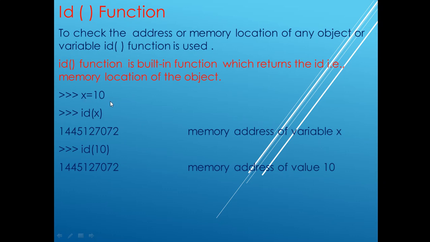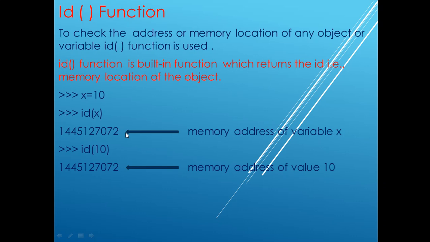So x equal to 10 and id of x. If I want to see the memory location of x, then it returns 144512707. This result is the output for the memory location of x. id of x will return 144512707.